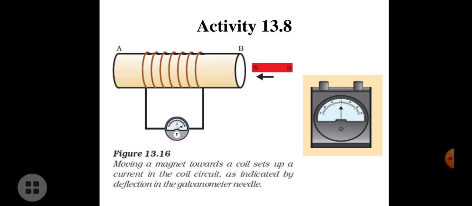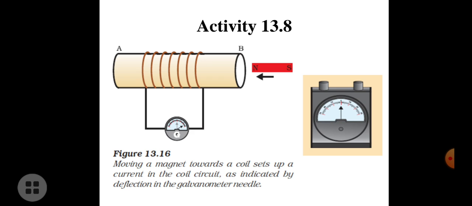Now again what we'll do? We take the south pole on this side and north on this side. And now we are moving the south pole of the bar magnet towards the coil. Again we see a deflection in the galvanometer in the opposite direction.